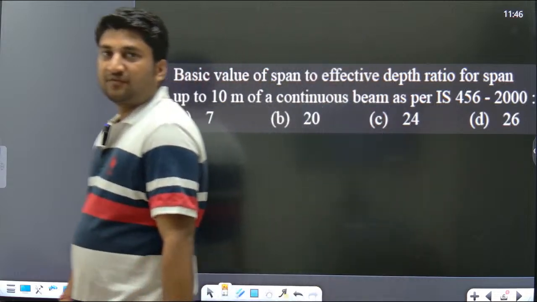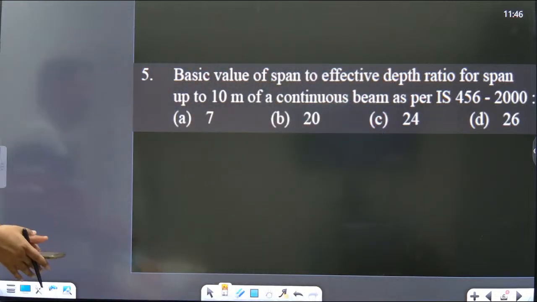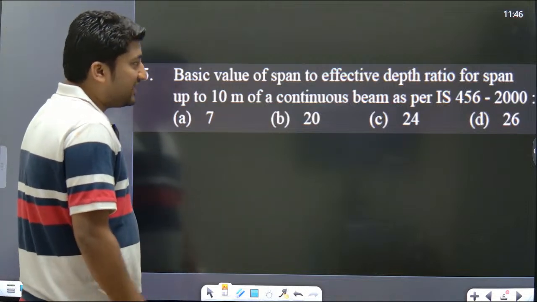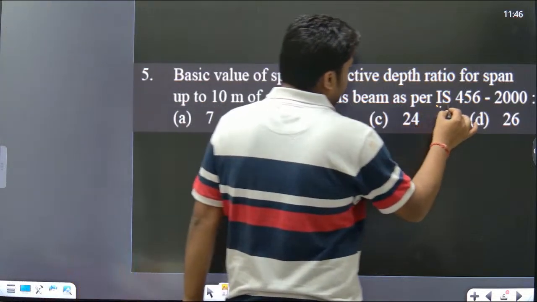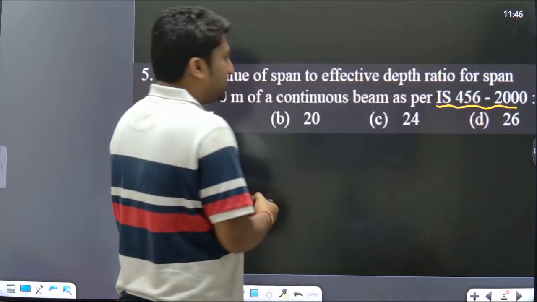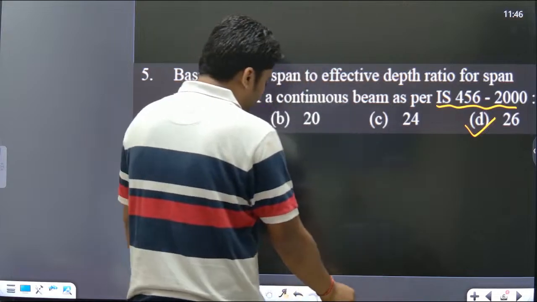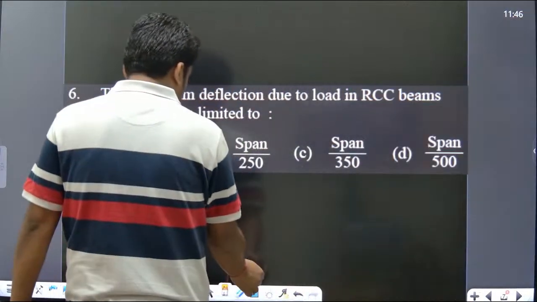What is the correct answer for this? Now you can see very carefully the basic value of span to effective depth ratio for a span up to 10 meter for a continuous beam. Now as per IS 456-2000 for a continuous beam, just now I have written this, the correct answer is 26. Understood everyone? Now moving towards the next question.